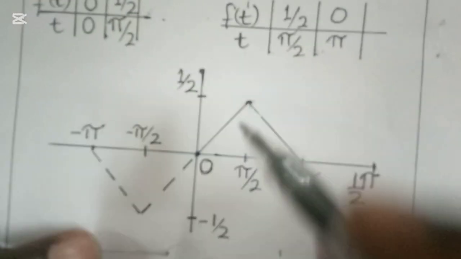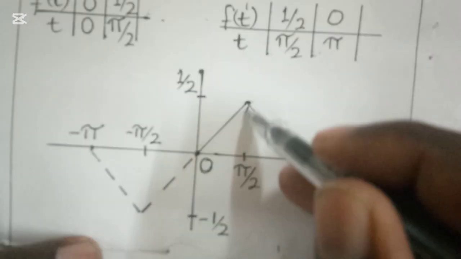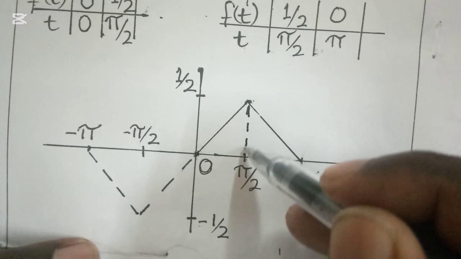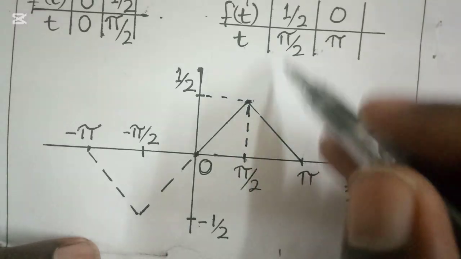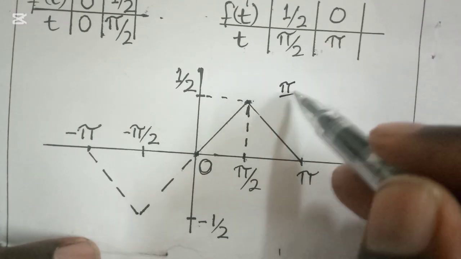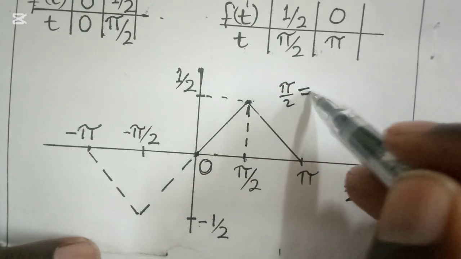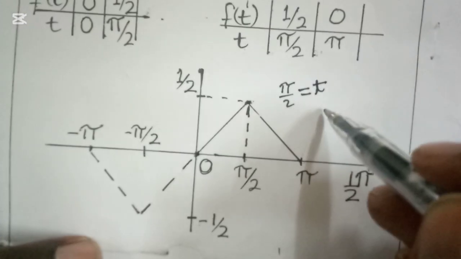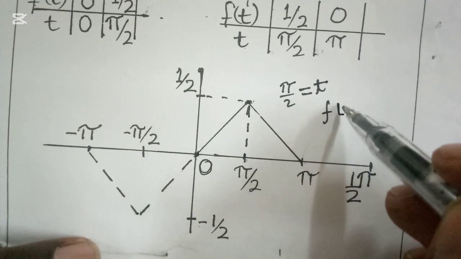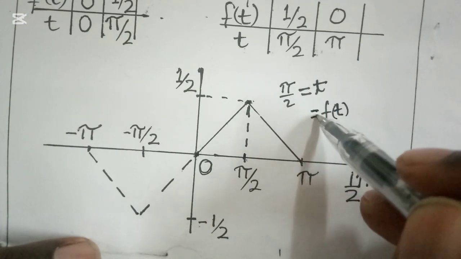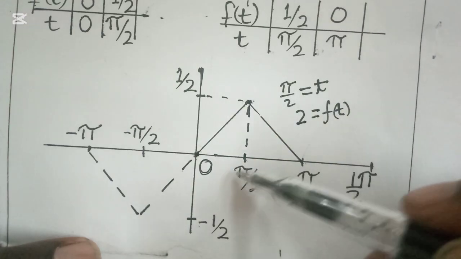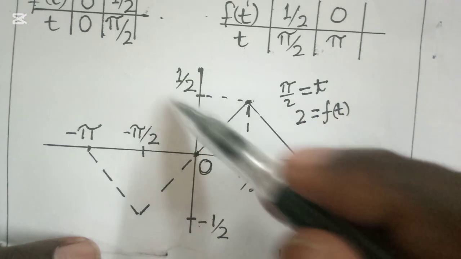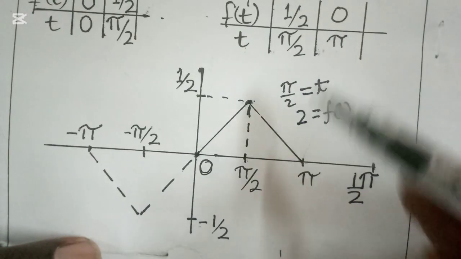So our pi over 2 is supposed to be at that point, where pi over 2 equals t, and so therefore f(t) is going to be equal to 2, like that. As you can see, this is the t, and this is now the f(t), which is equal to a half.